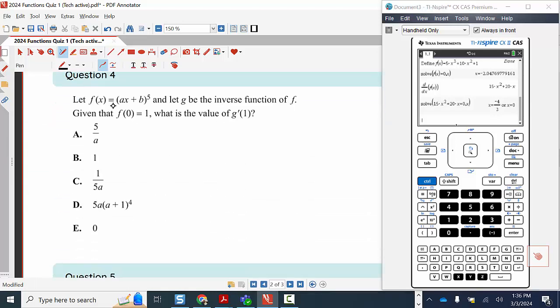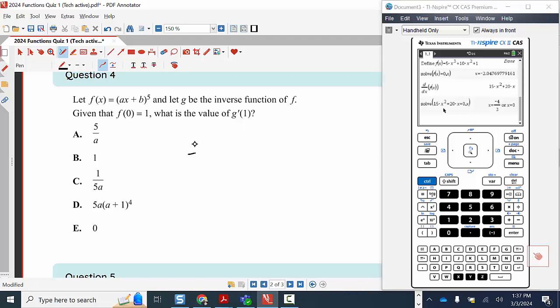All right, let f of x be that, and g be the inverse function. Given that f of 0 equals 1, what is the value of g dash 1? Okay, so we define f of x equal, actually, I think what we'll do is we'll just put in f of 0 equals 1, and I think that's going to give us the b value.